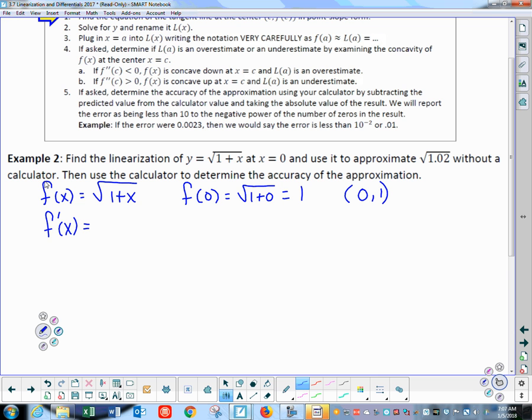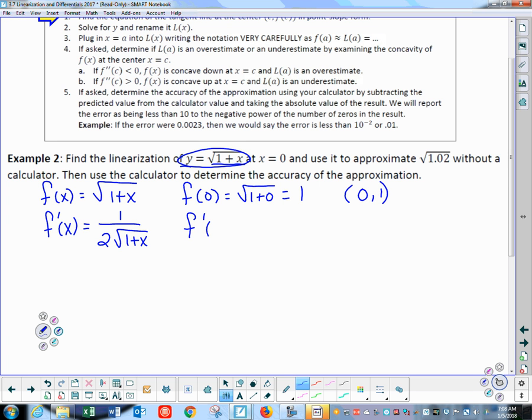So to get the derivative, let's take the derivative of our function. It's going to be 1 over 2 square root of 1 plus x. And then chain rule, of course, is just going to be a 1, so nothing more to add, and no need to multiply by anything.